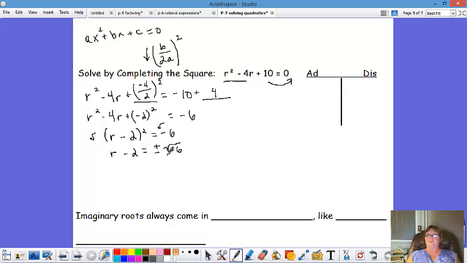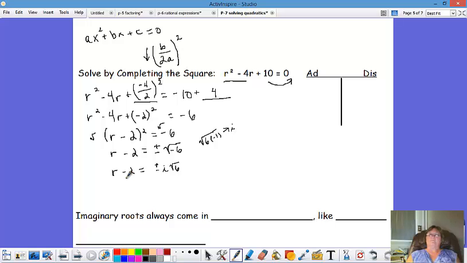And I hope that you will recall that when that is the case, that square root of negative 6 radical, this is our thinking. That's a 6 times a negative 1 there. And the square root of negative 1 is defined to be i. And that means that we can write this side as positive or negative i times the square root of 6. All that's equal to r minus 2.